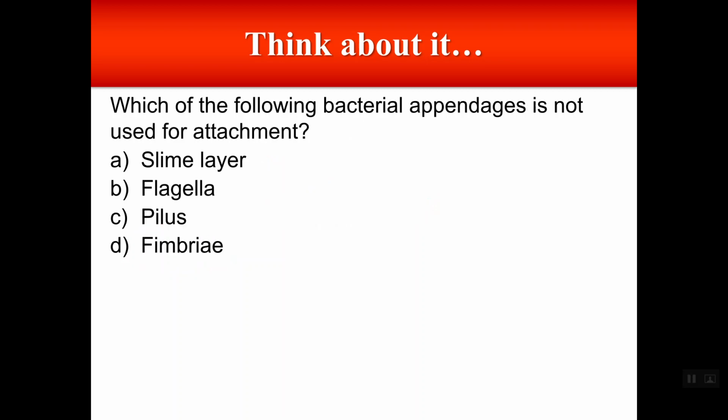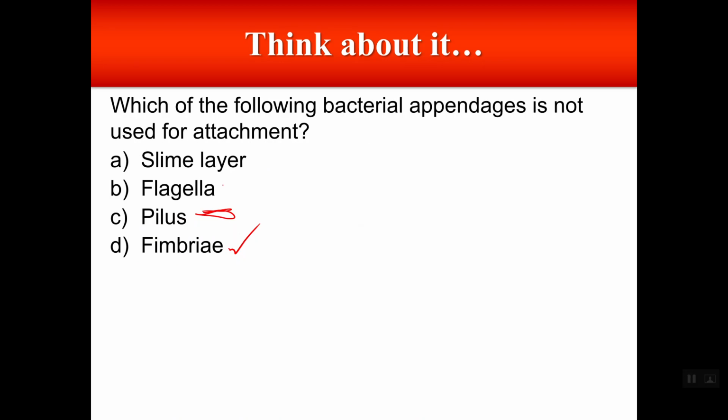Which of the following bacterial appendages is not used for attachment? When we talked about those different external structures, we talked about how fimbriae were helpful for sticking to mucous membranes. Pilus actually allowed for connection of cells.